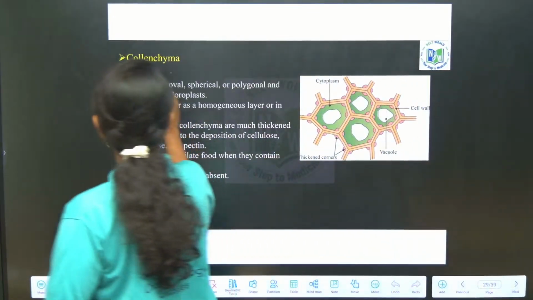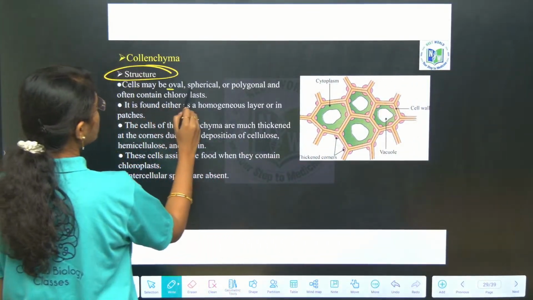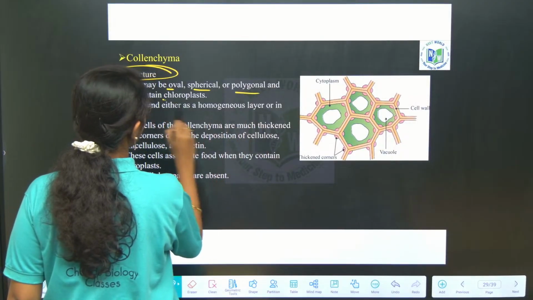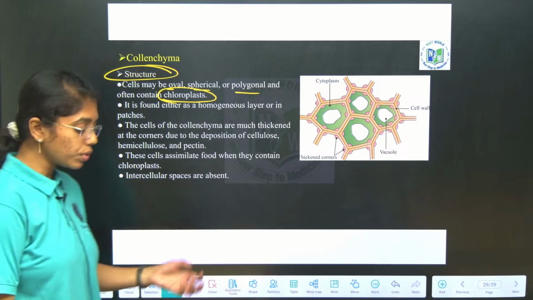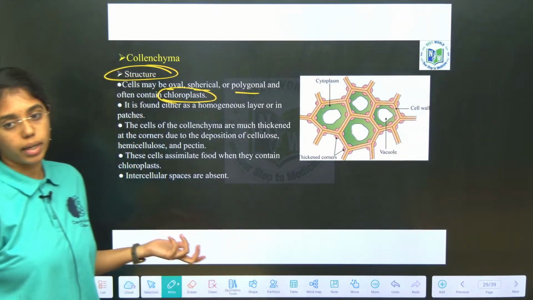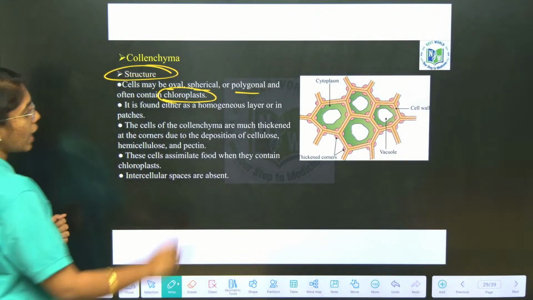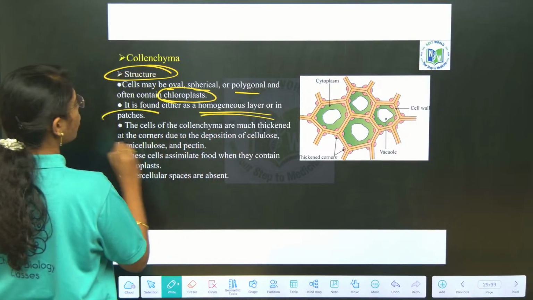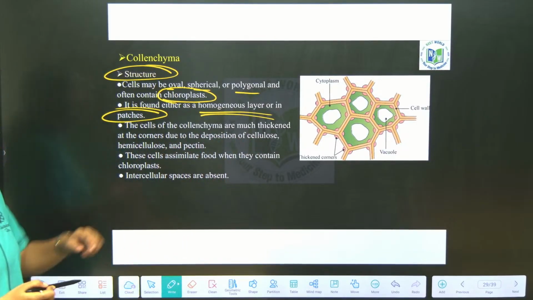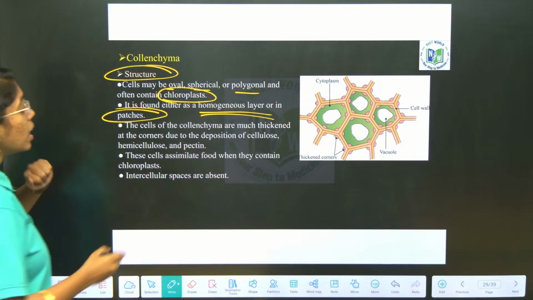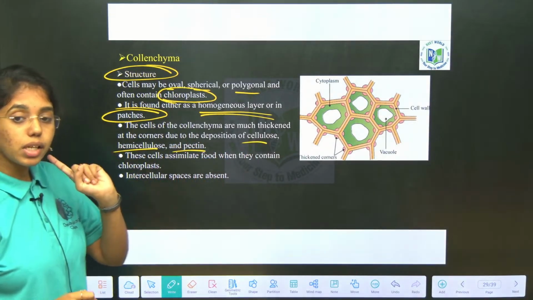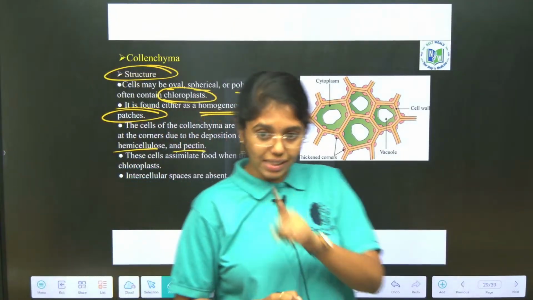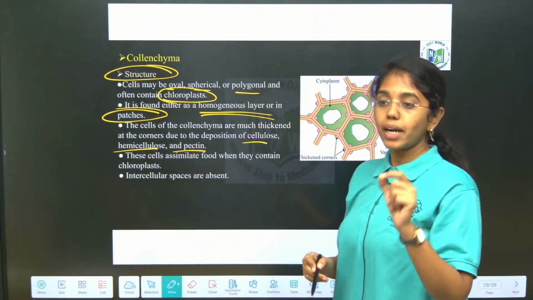Next is collenchyma. Here, if you see the structure, cells may be oval, spherical, polygonal and they contain chloroplast also. Those collenchymatous tissues which have chloroplast are chlorenchyma. They are found either as a homogeneous layer or in the form of patches. Cells have depositions like cellulose, hemicellulose and pectin, whereas parenchymatous cells have only cellulose. Does parenchyma have any extra depositions?